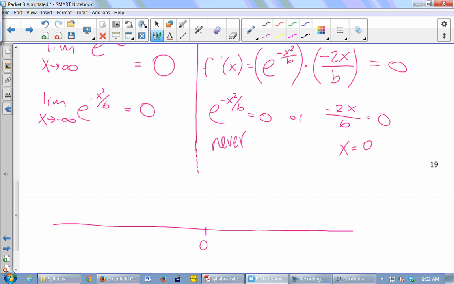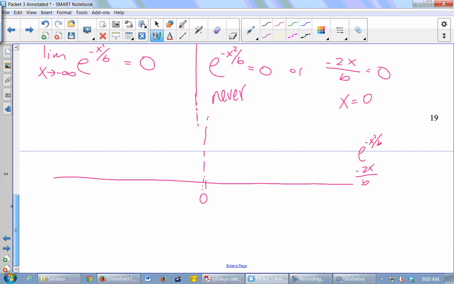So I'm going to look at the factor e to the negative x squared over b, and the factor negative 2x over b. Look at them separately, and then put them together to make f prime. Okay, e to the negative x squared over b. What is its sign to the left of 0?